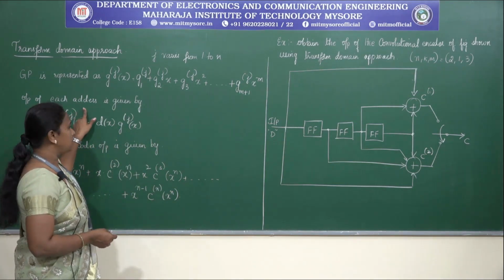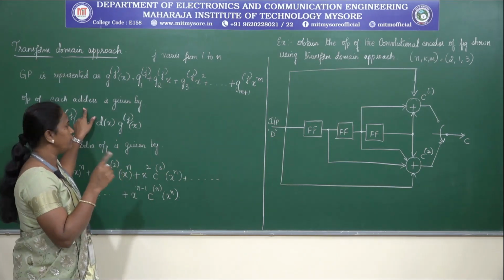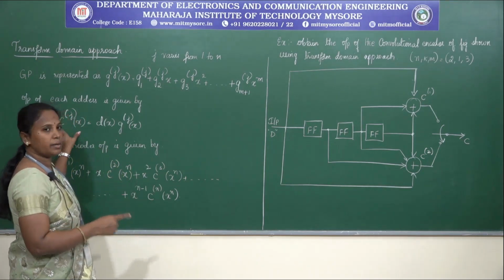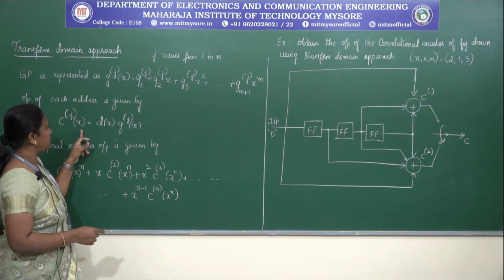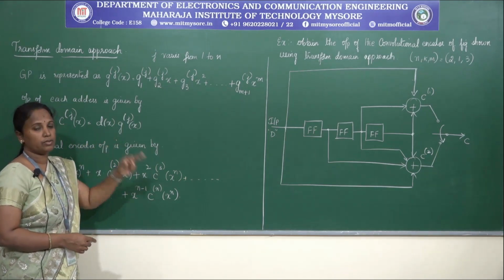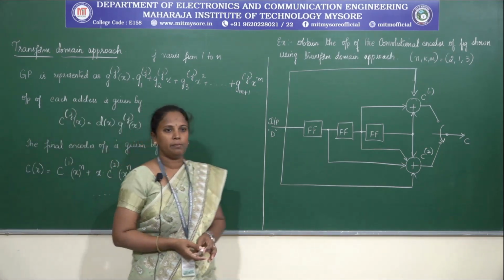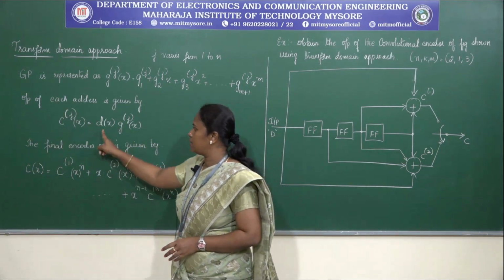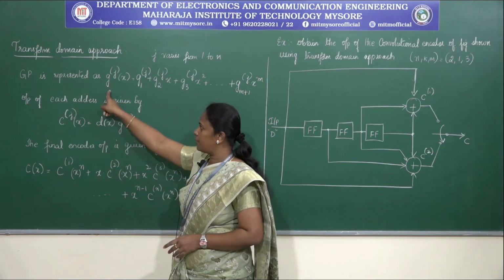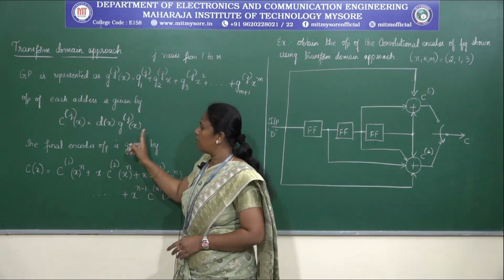The output of each adder is in general represented as C_j(x) = d(x) g_j(x). That means we generate the codes by multiplying the message input with the generator polynomial g(x).